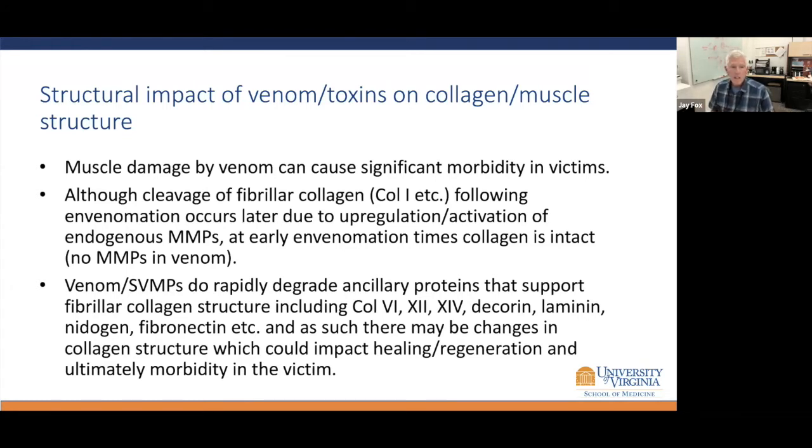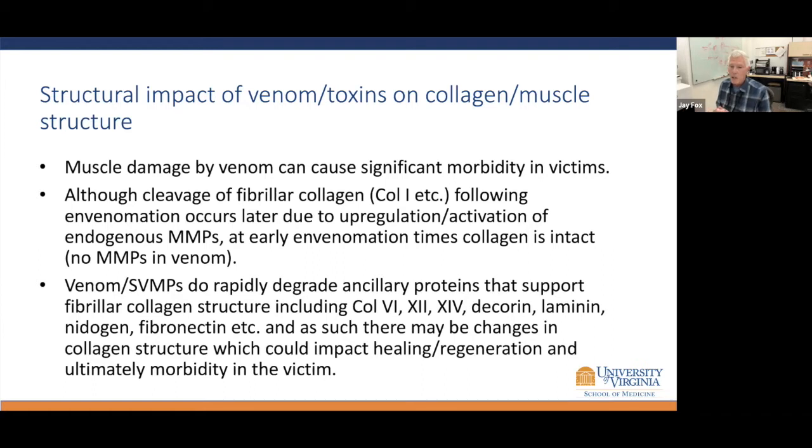Well, as I said, and as I've shown, venom and snake venom metalloproteinases do degrade those ancillary proteins that have been shown to support collagen structure. Some of those proteins include collagen 6, collagen 7, collagen 12, collagen 14.